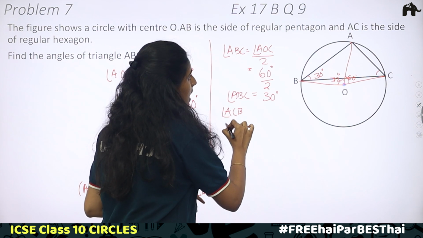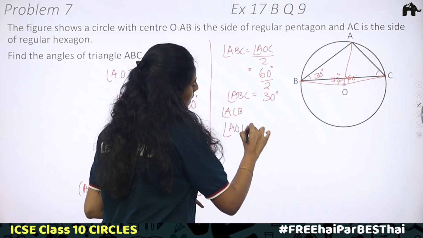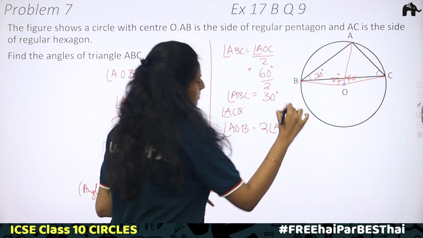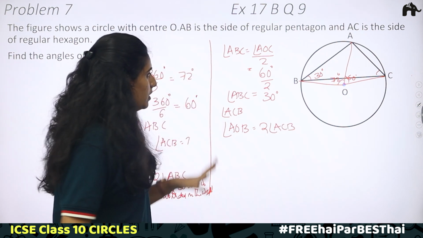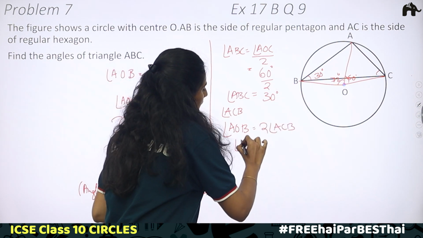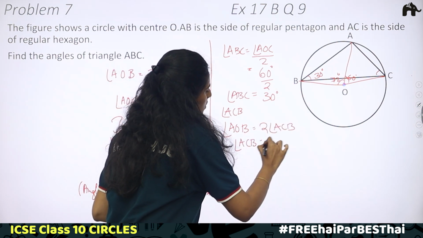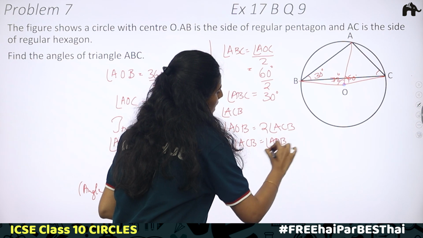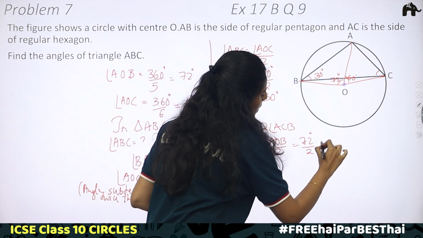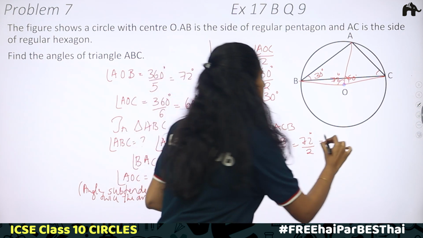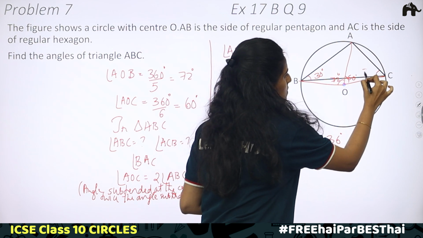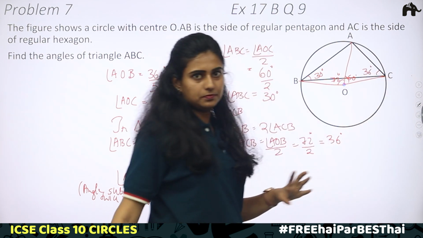Therefore, angle AOB is equal to twice angle ACB. We have determined AOB is equal to 72 degrees. Then, angle ACB is equal to angle AOB divided by 2, 72 degrees divided by 2, which is equal to 36 degrees. This angle is 36 degrees.